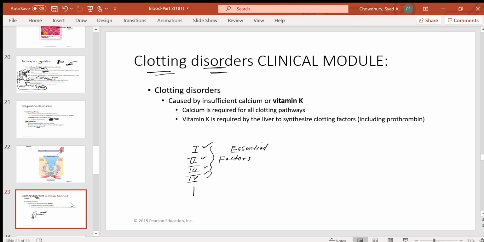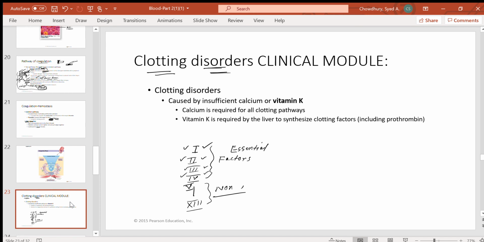Then from 5 to 13, these are non-essential. However, lack of one or more of these non-essential factors will slow down or delay the clot formation. Although the clot will be formed, it will be delayed. But lack of any of 1 to 4 will not cause the clot.